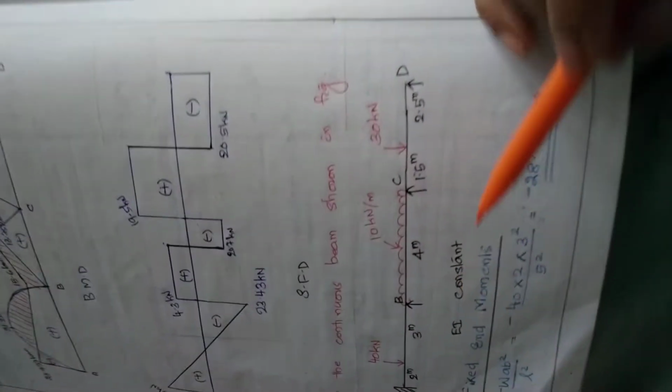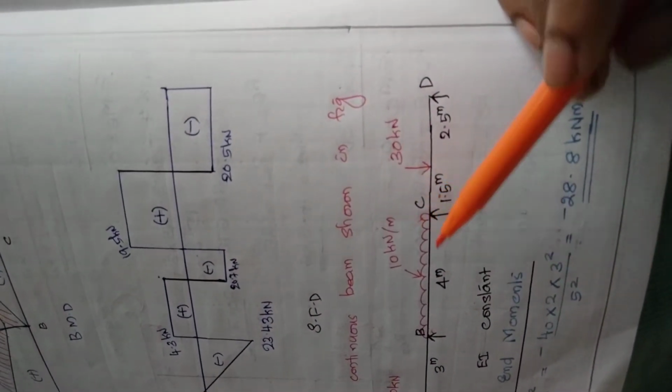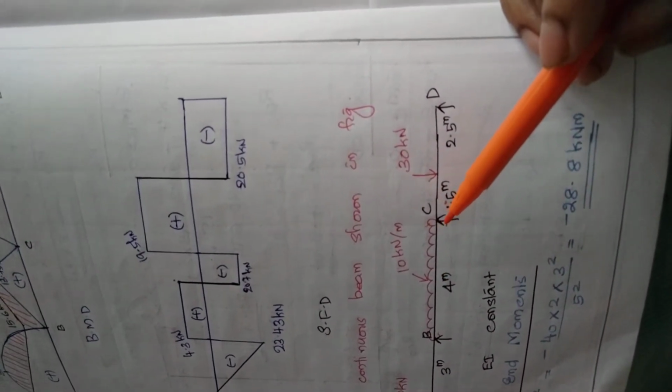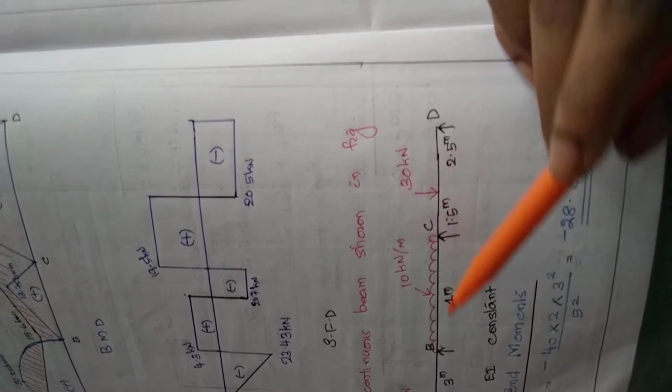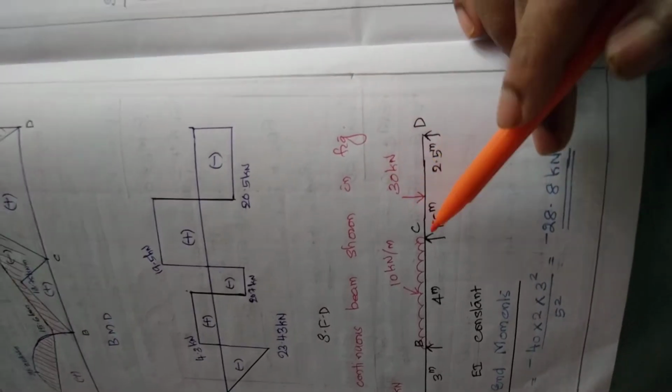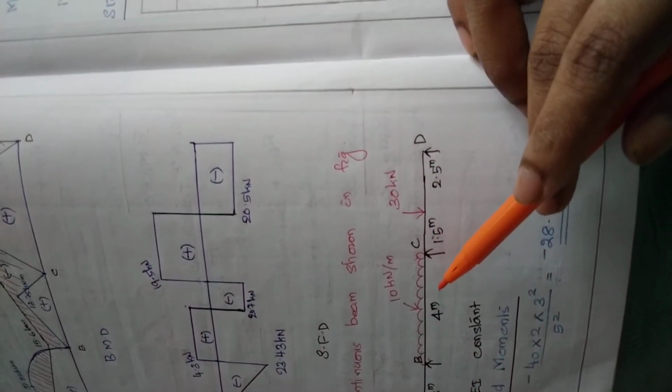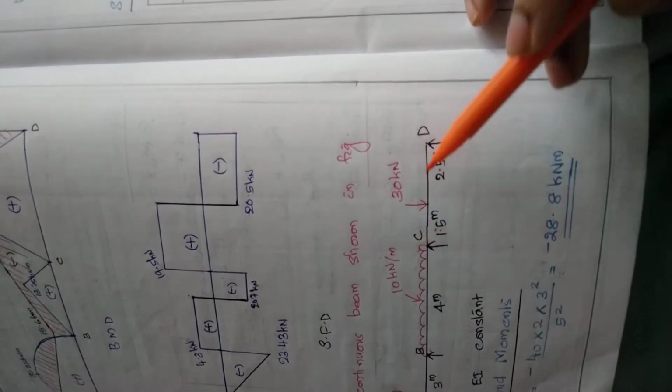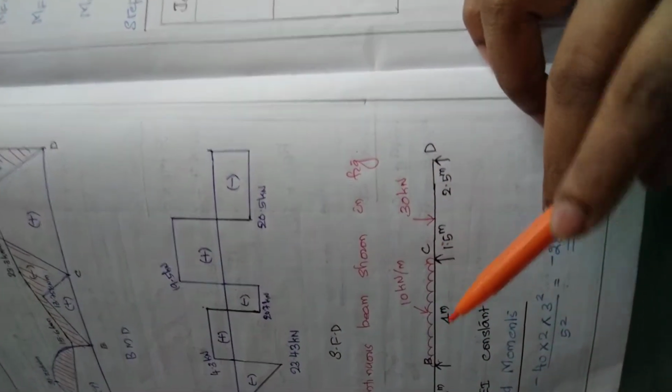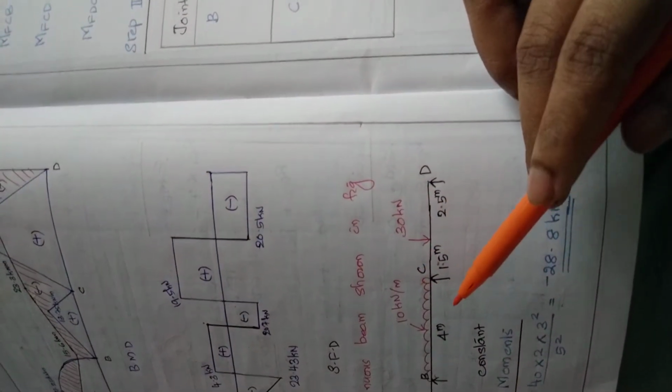Now secondly you will have to calculate for joint C. Joint C is considering members CB and CD. CB is a continuous support, so it is I by L itself, I by 4.